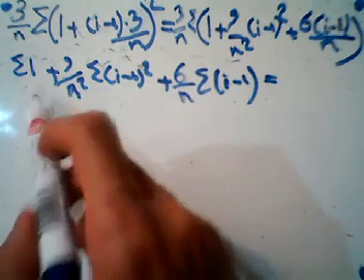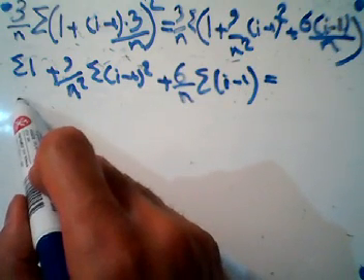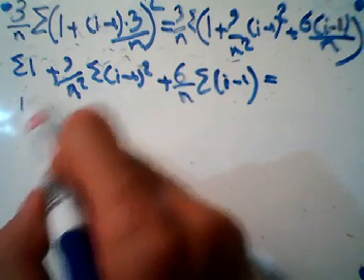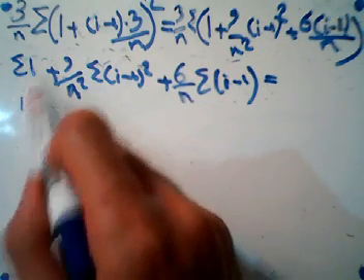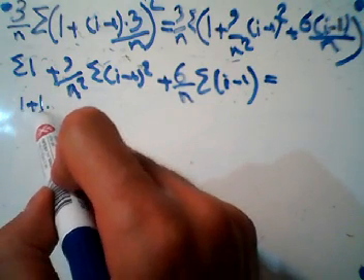Okay, now what is sigma 1? As i changes, now take the values 1, 2, 3, 4. This would be 1 plus 1. This is for i equals 1. This is for i equals 2.